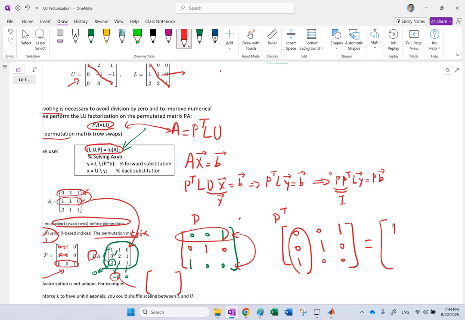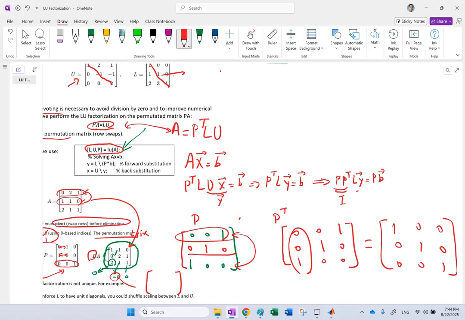Then first row times second column and third column, they are 0, right? And then second row times all of that, you're going to get the 0, 1, 0. And then third row, if you do it, you're going to get the 0, 0, 1, which you see is the identity matrix. And that's always true because for a permutation matrix, if P swaps 1 and 3, P transpose can swap 3 and 1. So when you multiply them together, it's like they are canceling each other. So they don't do anything.